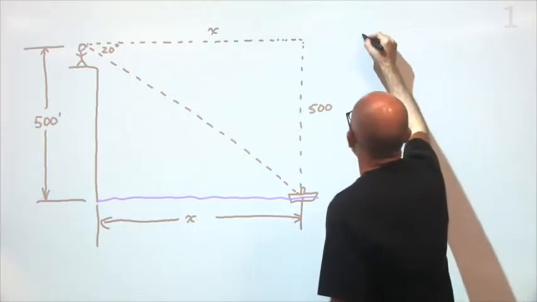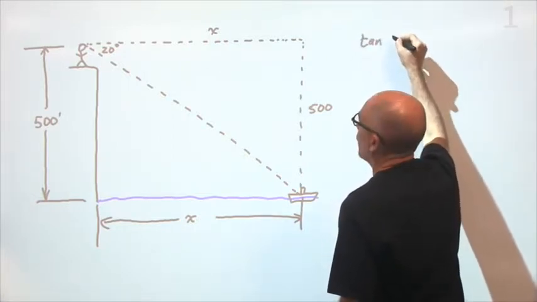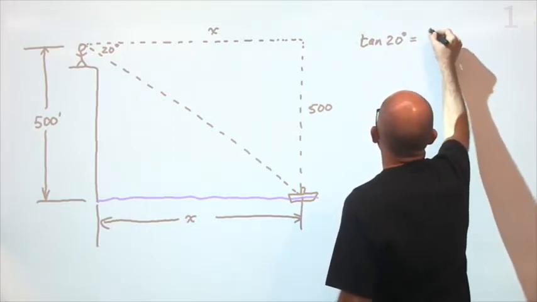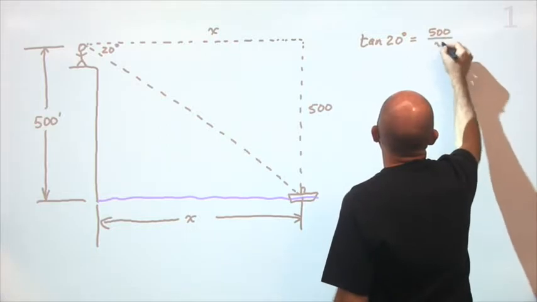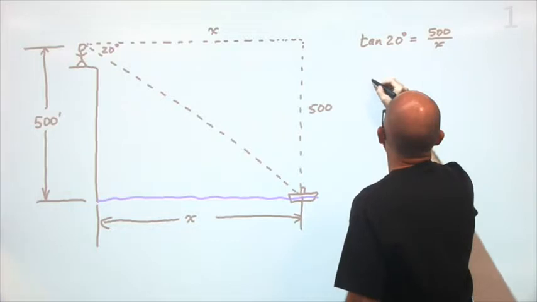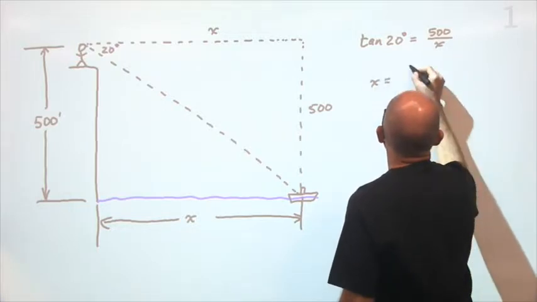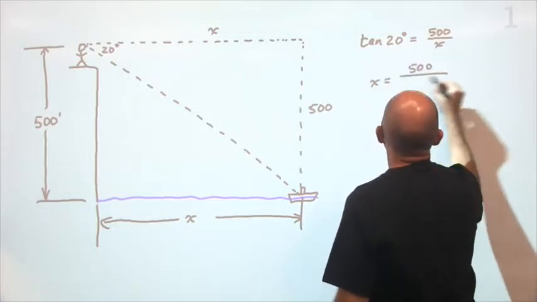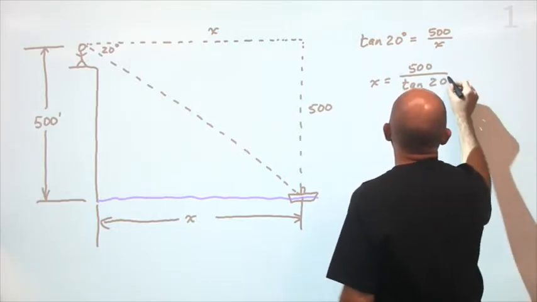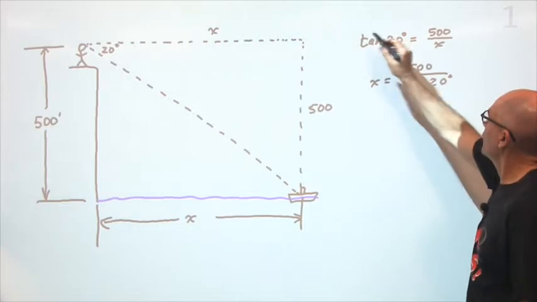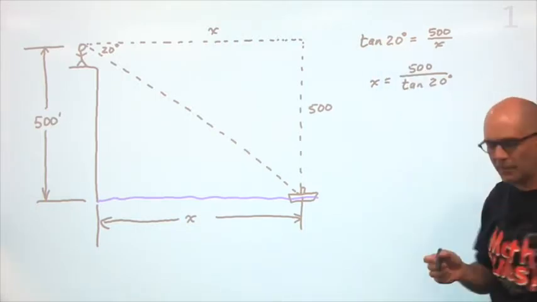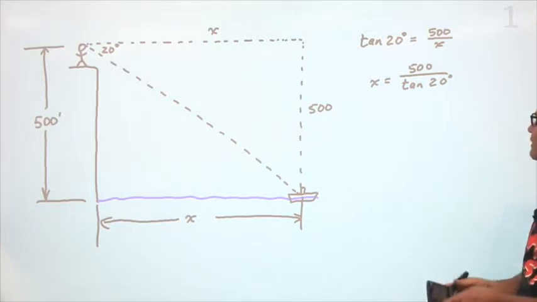So tangent of 20 degrees equals 500 over x. And that means x equals 500 divided by tangent of 20. Notice if I multiply x over to the left and then divide tangent of 20 over to the right, then I have my x value.